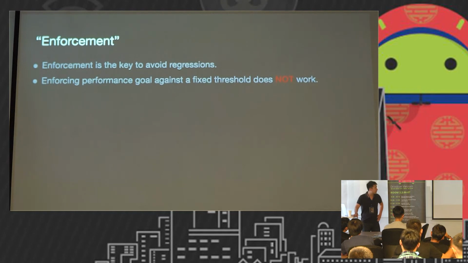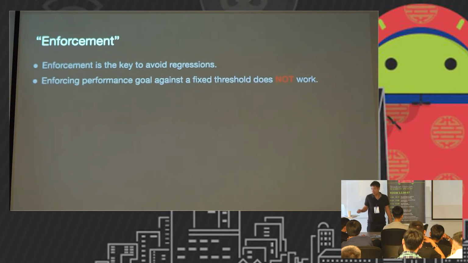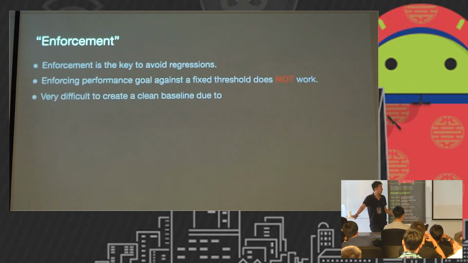However, the typical way that people think about enforcement is that they want to enforce against a particular goal, and that just doesn't work. People think, okay, I want my startup performance of the app to be below 2 seconds, and then you set 2 seconds as a bar. In our experience, that approach does not work at all, and the reason is that it's very difficult to create a clean baseline for that, right?